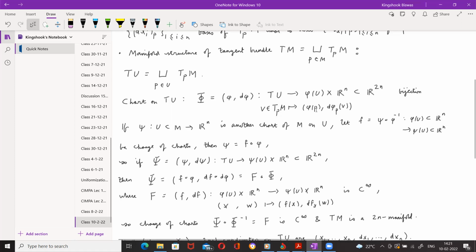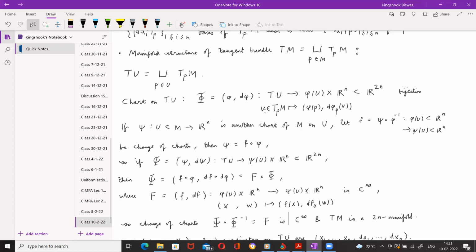Then I take the inverse image of that open set under my bijection Phi, and I declare that to be a neighborhood of V in TM. So this will give me a basis of neighborhoods of any point in TM, and therefore, I will get a topology on TM.